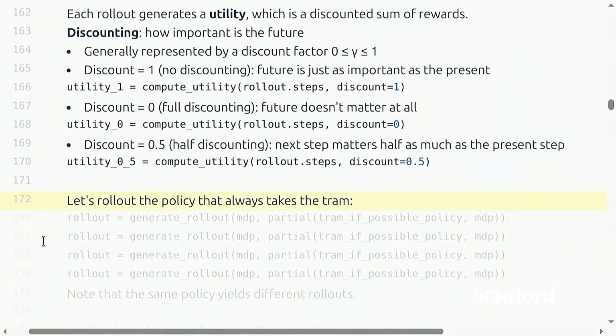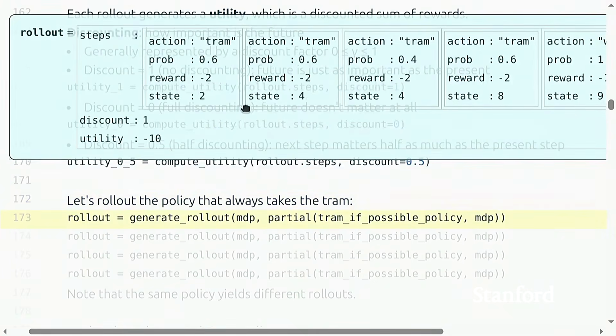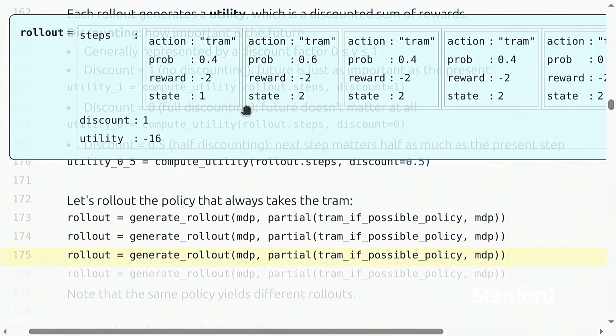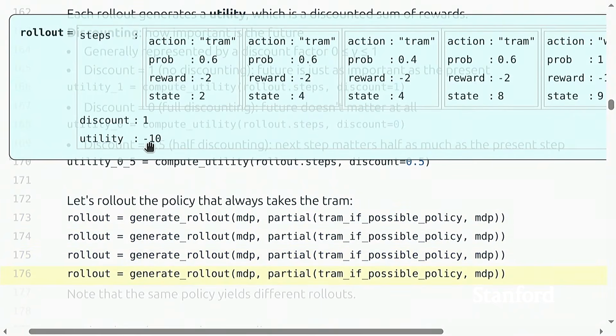Okay, so we have an MDP, we take a policy, we smash them together to create a rollout, and that generates a sequence of steps, and that defines a utility. If I do this multiple times, I'm going to get potentially different utilities.